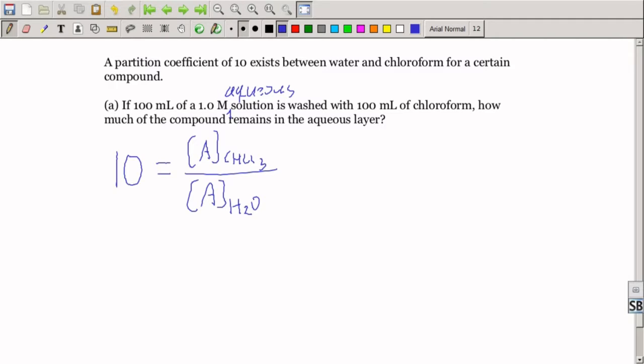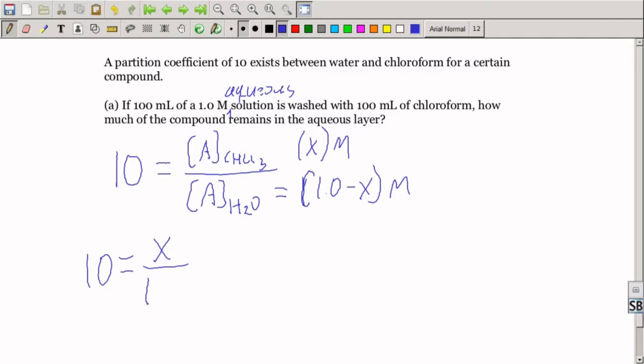It's 1. In this equation, that's going to be 1 molar minus some value x, and on the top, we're going to have x molar. So we can plug that in: 10 is equal to x divided by 1.0 minus x.